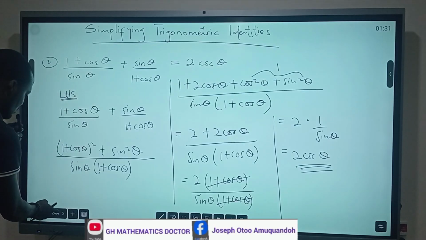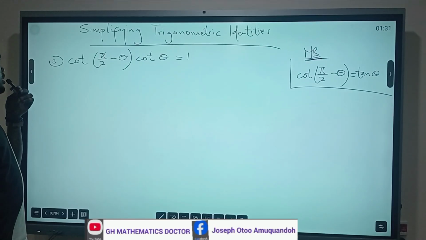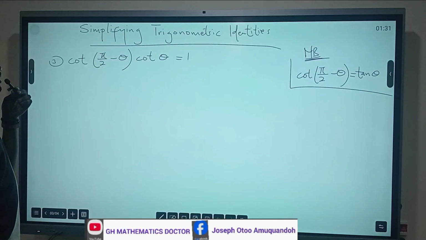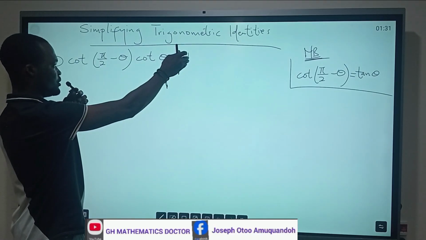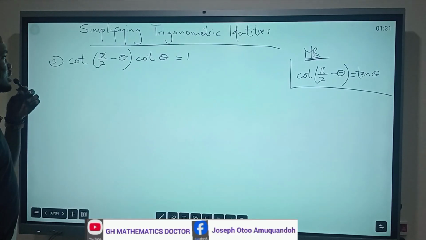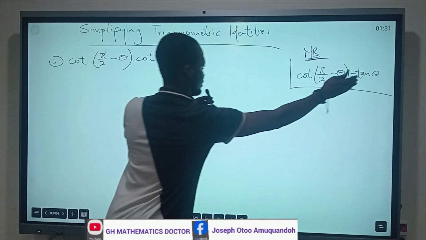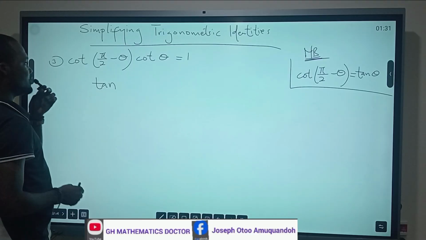Let's have a look at more examples here. So we have cot of pi over 2 minus theta multiplied by cot theta, and we are told to prove it to be equal to 1. And this identity here, cot of pi over 2 minus theta, is equal to tan theta. So we are going to replace it by tan theta.